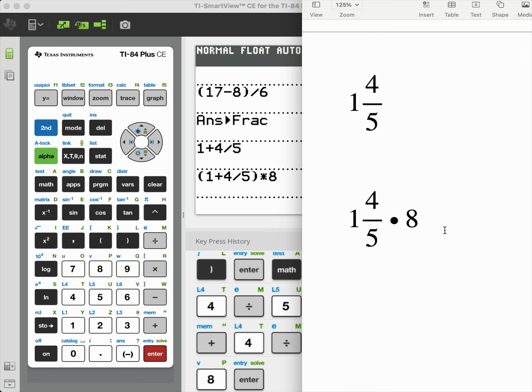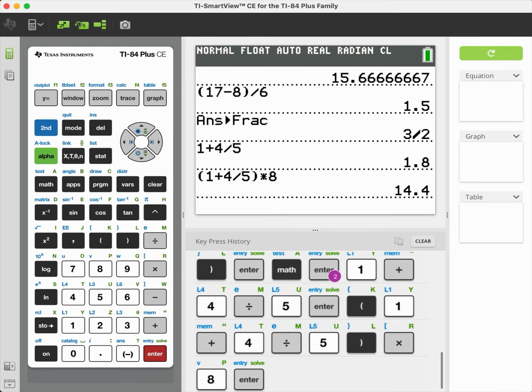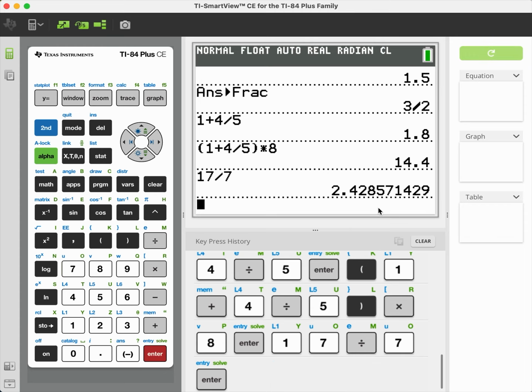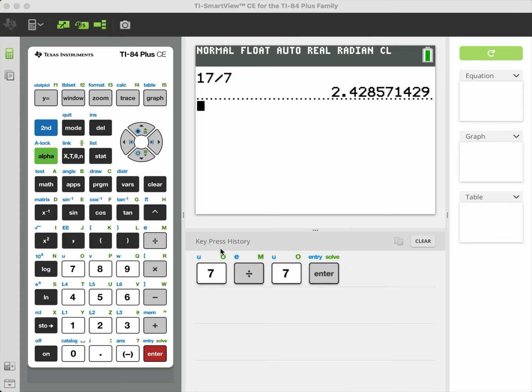What do we do if we want a messy number converted back to a fraction? Something like 17/7. Let's do 17/7. 17 divided by 7, and we get this awful decimal. We have this messy decimal.